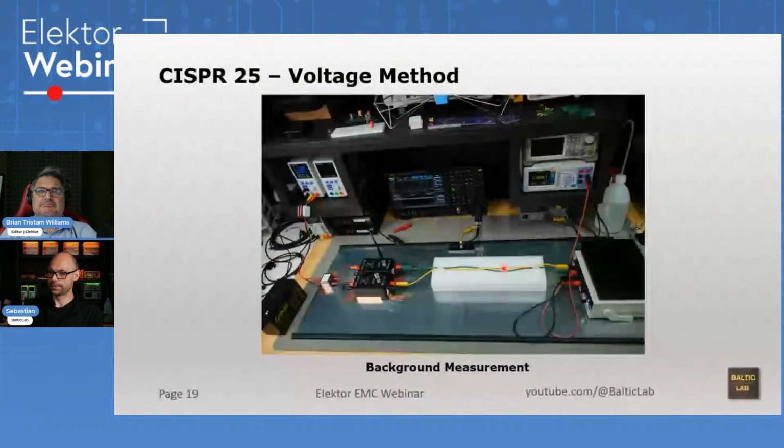For once, we've read that the power supply noise has to be 6 dB below the permissible limits. That's one requirement. And the other one, if you were to use a shielded chamber, the measurement results from external interference are also supposed to be 6 dB below the limits. So to test both in one go, I'm simply measuring basically an empty board without an EUT.